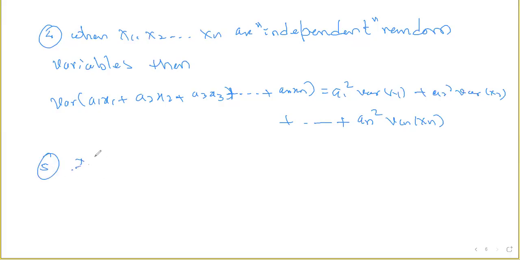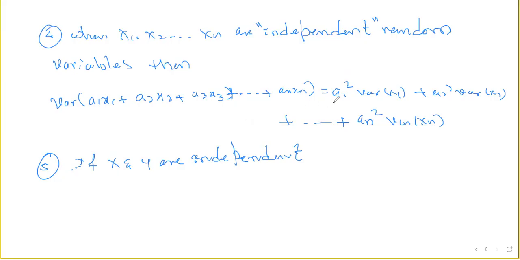Next, one more remark we have. That is, if x and y are independent random variables, you know how to find out the independency, right? That is the joint probability density. Say for example, f of xy is equal to f of x into f of y. Then we say independent. Otherwise, we can't say.